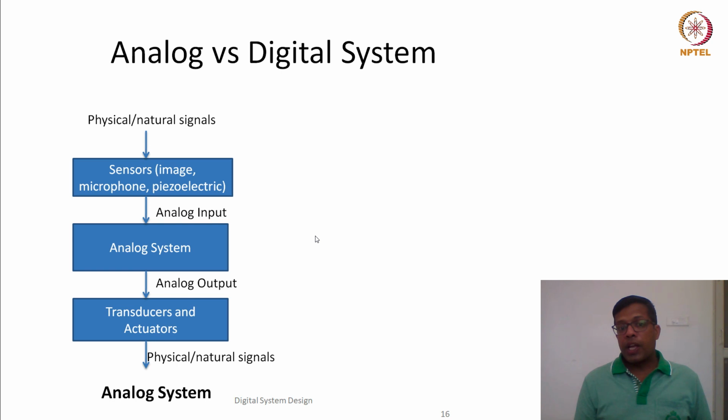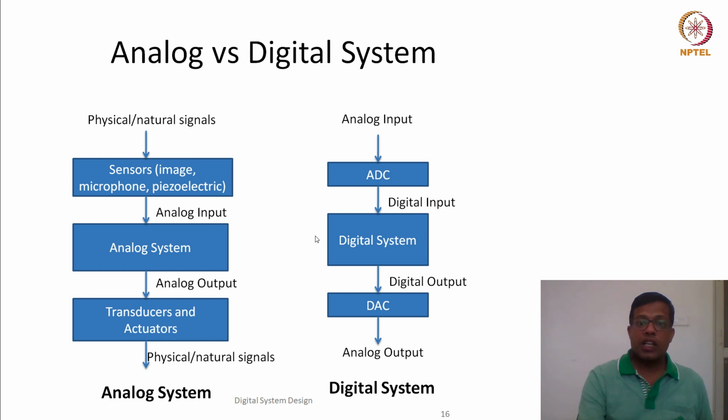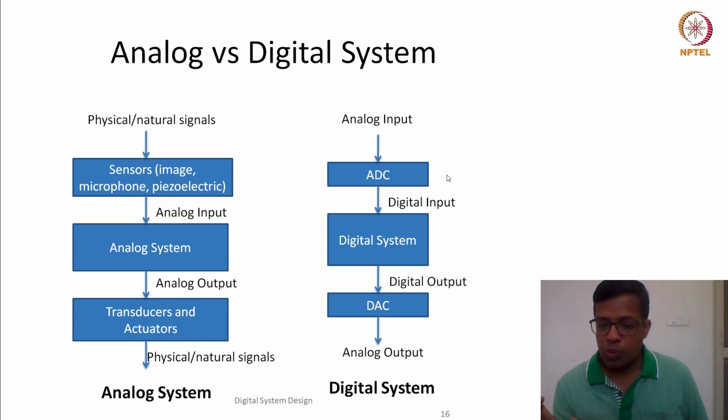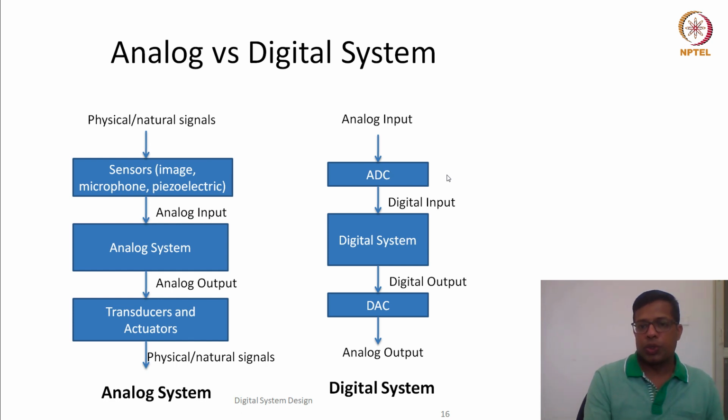Now as we said, we are moving from analog systems to digital systems because they look more accurate. So there would be additional steps involved here. The analog input would be given to an analog to digital converter. The analog to digital converter will do quantization and sampling, and for each sample, it will give a group of multiple bits as a digital output.